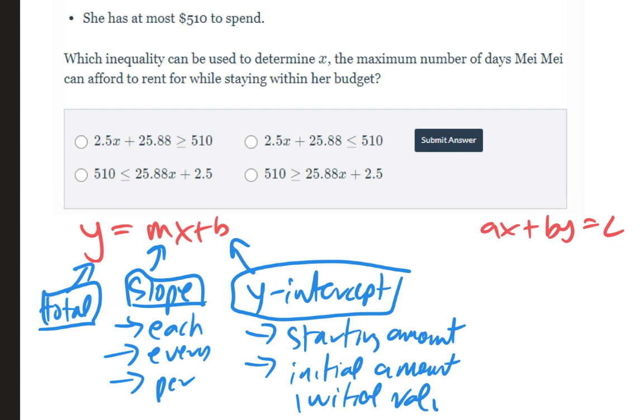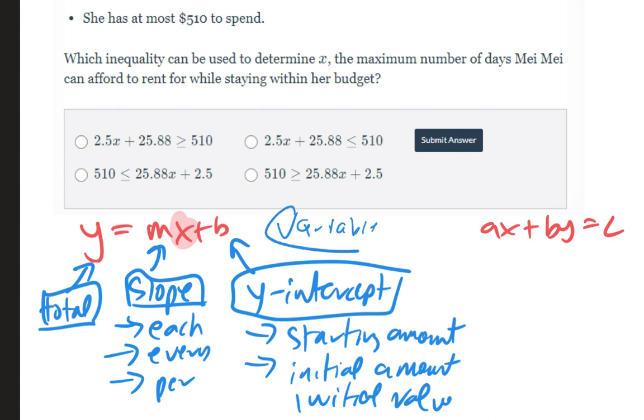Anytime you see those keywords, then you know where to put that. And the main thing we talked about is the variable. When they talk about a variable that we're going to use, that's the hint for what goes over there.